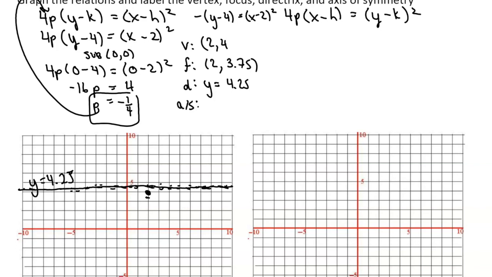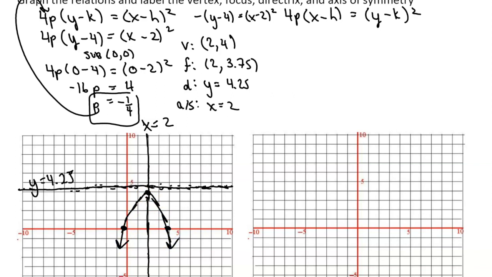We know that our axis of symmetry is the x value of the vertex, so x equals 2. And we have a parabola that's going to open down, and it goes through the point (0, 0), and you could mirror that over here. You could get something that looks like that.